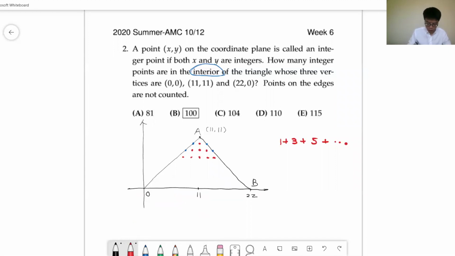Let's see how many rows we have. For the line OB, we have a point from 0, say 1, 2, something like that. This point will not be counted, but we will count the point above this row. That's the last row we should count. This one is 1, 1, so this point should be counted, this red one.